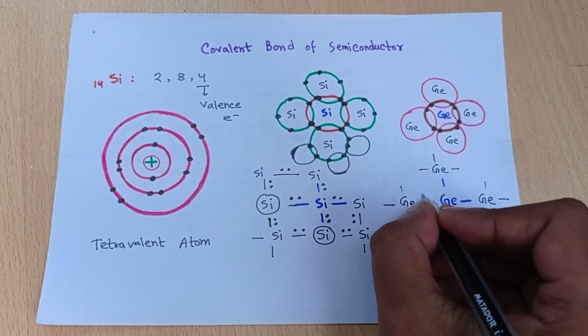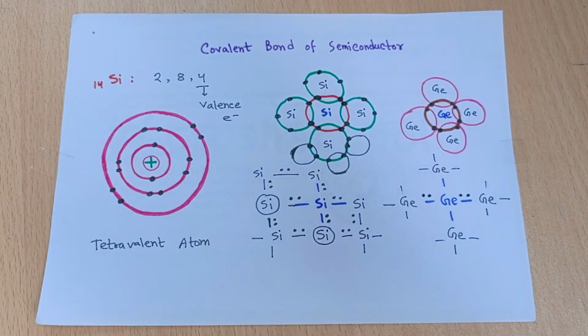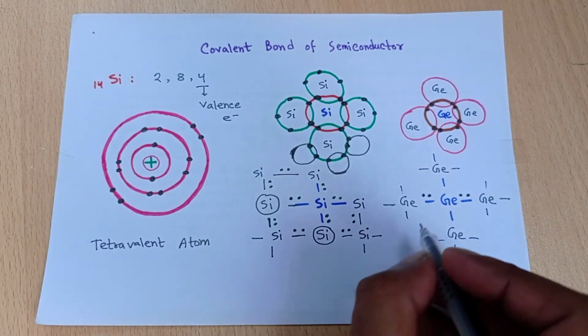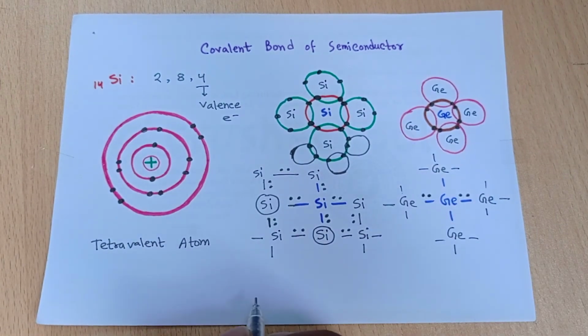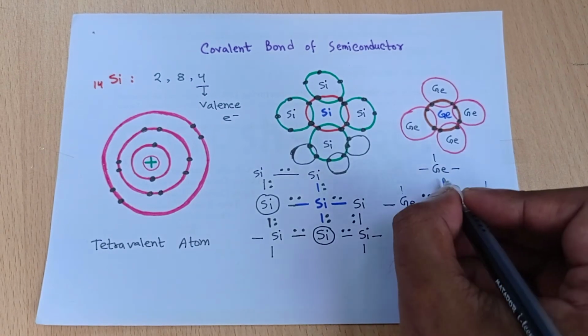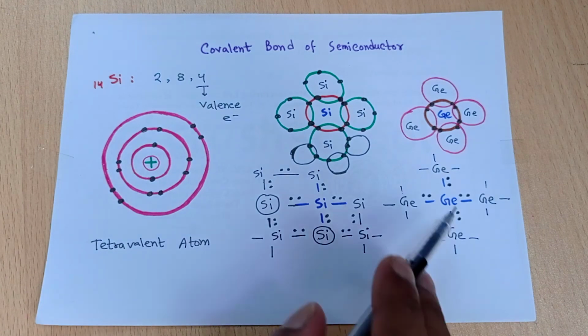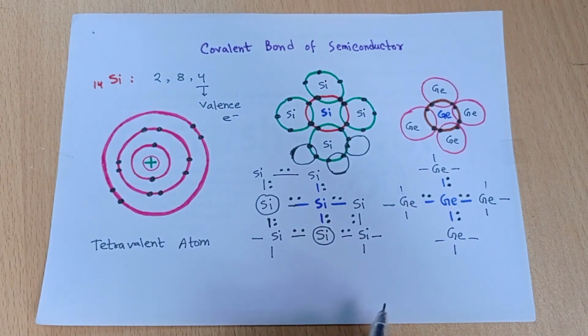To produce any covalent bond, we share only 2 electrons. So if any atom wants to make a covalent bond to another atom, it shares only 2 electrons in one hand. So these are 2 electrons in one bond, and these 2 electrons make the covalent bond between two same-type or different-type semiconductors.